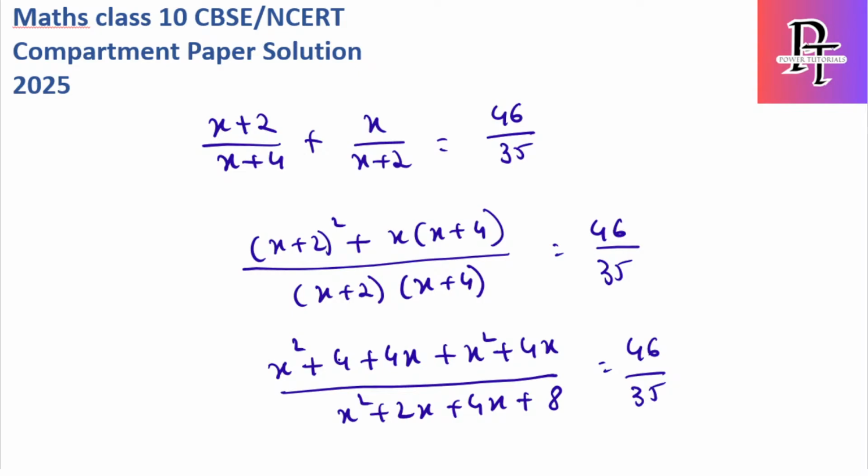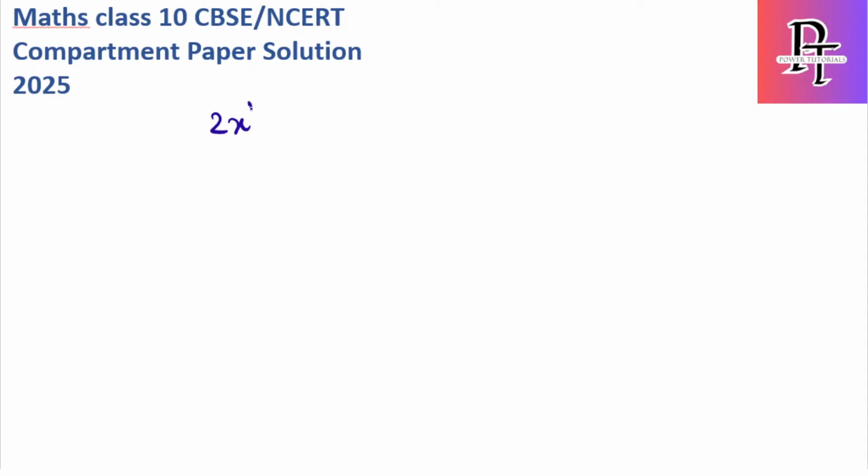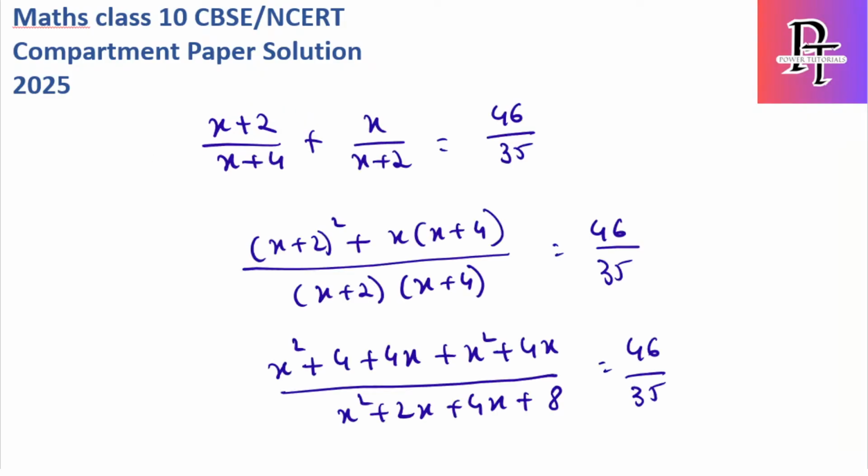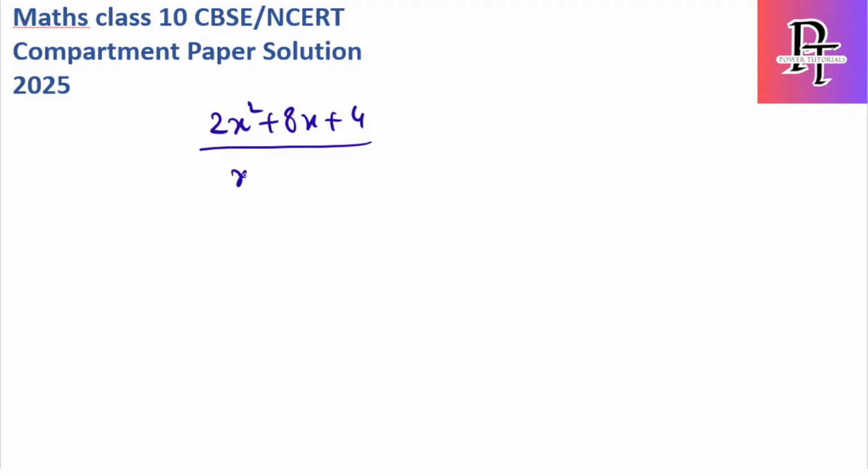If I add the x square and x terms separately, this becomes 2x square plus 8x plus 4, and the denominator is x square plus 6x plus 8, equal to 46 by 35. If I cancel 2 on the numerator side, the numerator becomes x square plus 4x plus 2 and the other side becomes 23.